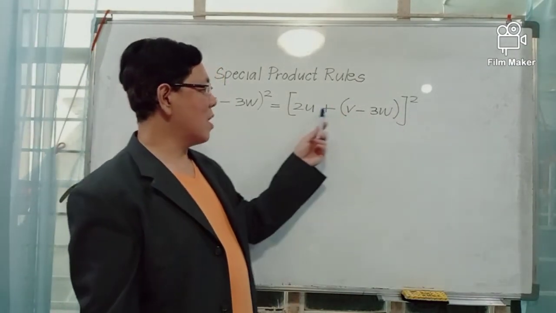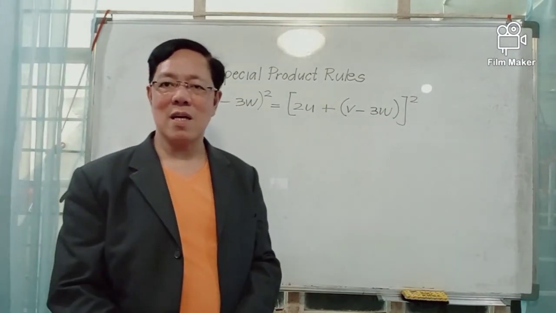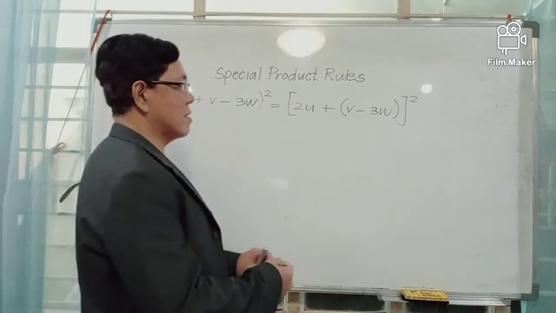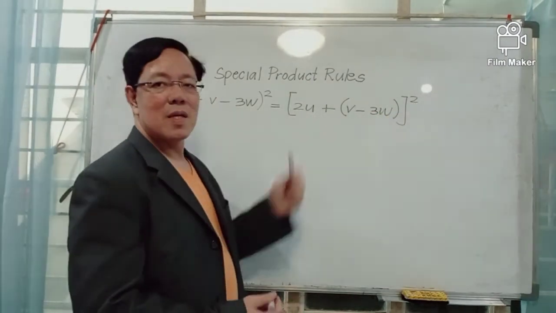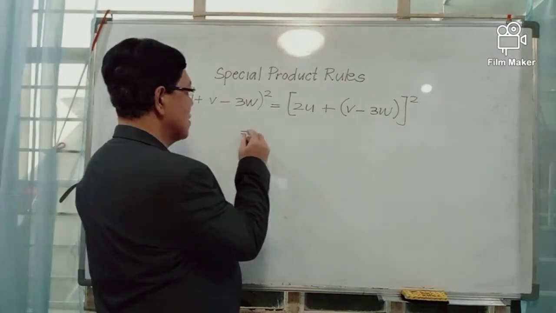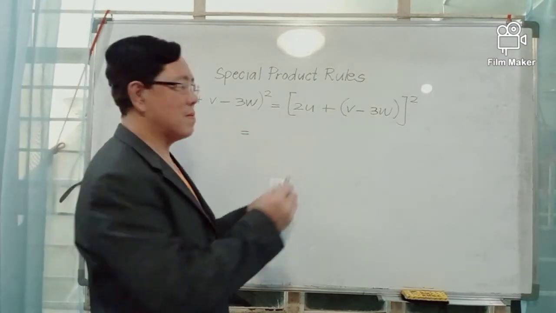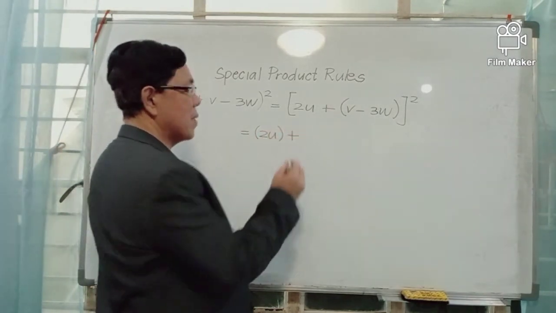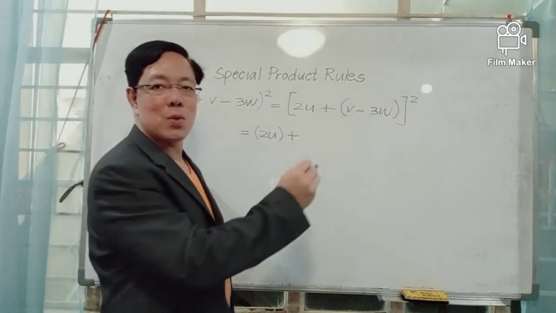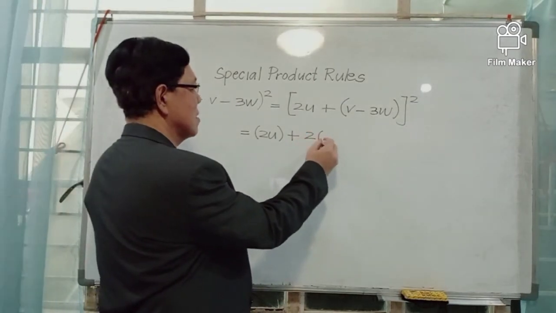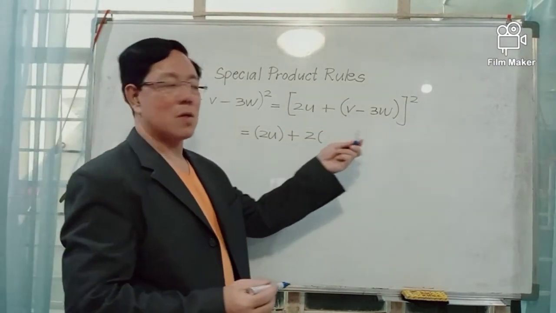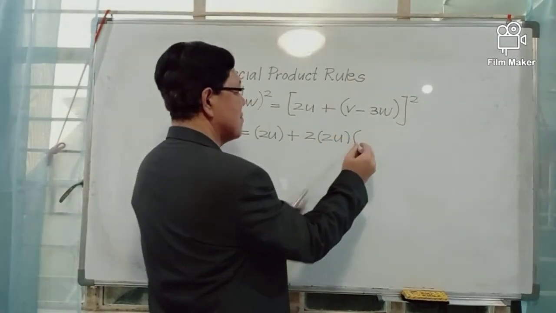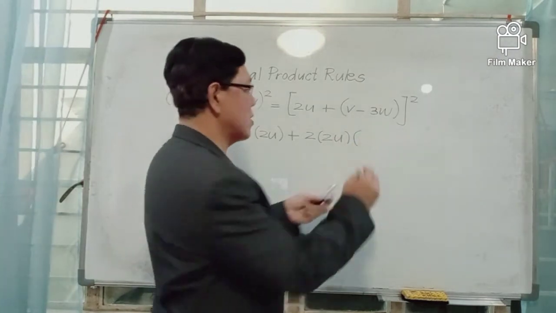And to get the square of this sum, we apply the second special product rule, which says that the square of a sum is equal to the square of the first term, 2u, plus twice the product of these two terms, 2u and v minus 3w.